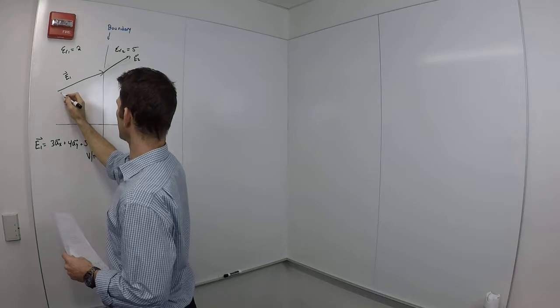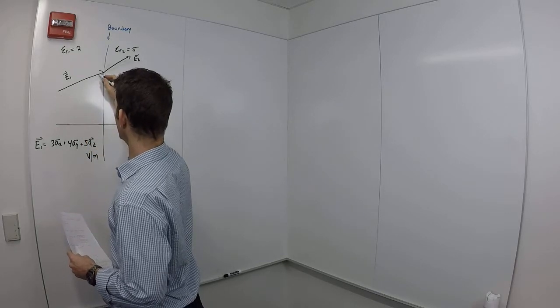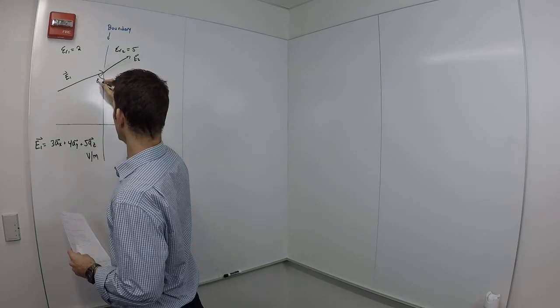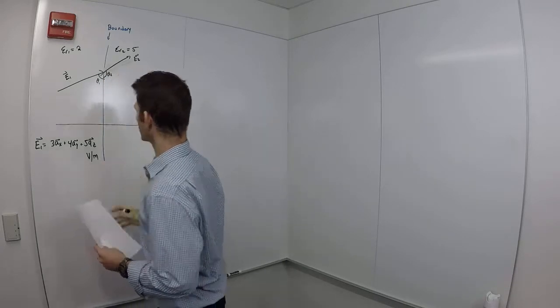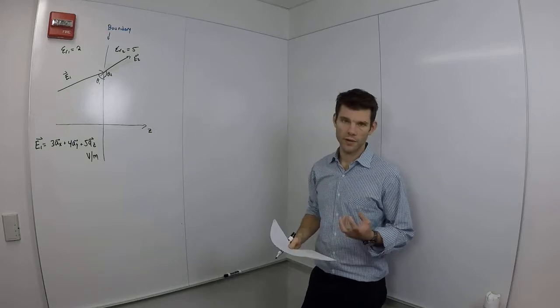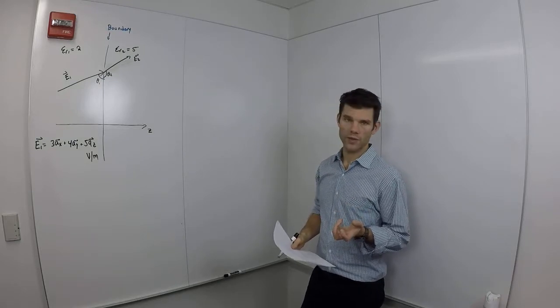We want to find out the angle made here. We'll call that theta 1, and the angle here, theta 2. So we want to find the angle that the fields make with the boundary.